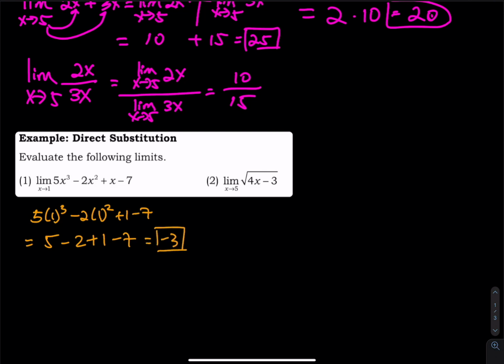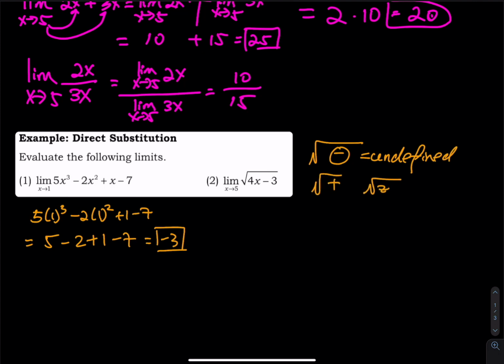And then the second one, you have a radical, so you have to be careful, because the square root of a negative is undefined. The square root of a positive is okay.